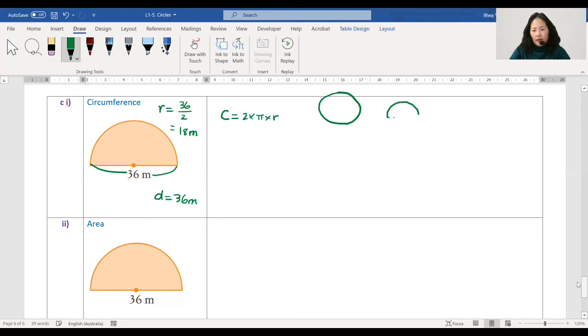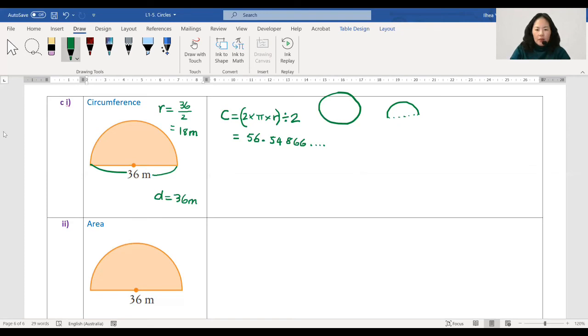So I need to halve this circumference. That was a full circumference, and I need to halve it because I only need half of it. So when you do that, 56.54866 something.